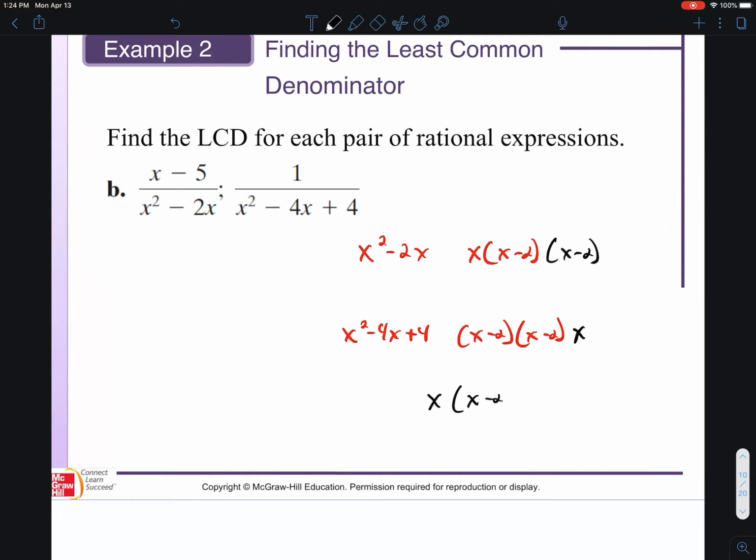So my LCD will be x times x minus 2 squared, which I can write as x times x squared minus 4x plus 4.